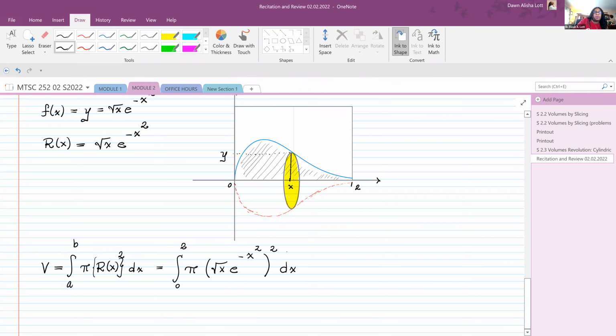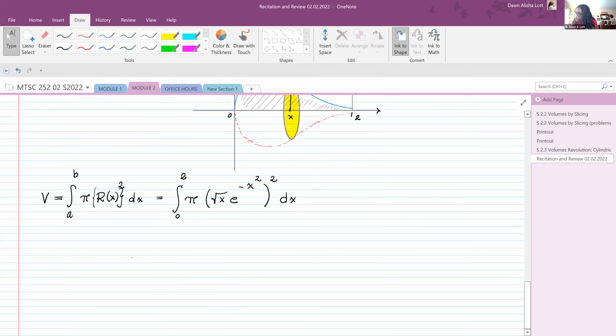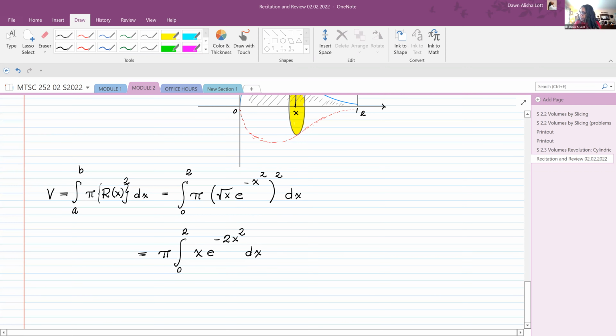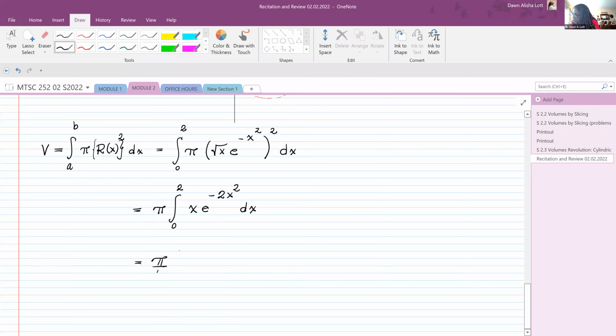Isn't it nice we computed this in the first problem? This is pi times the integral from 0 to 2 of x e to the negative 2x squared dx. I computed that already. I don't have to do that again. This is pi over 4 times 1 minus e to the negative 8.